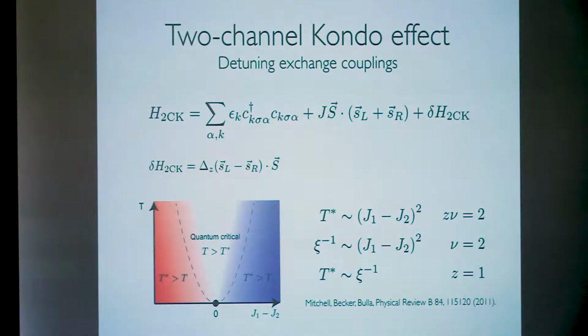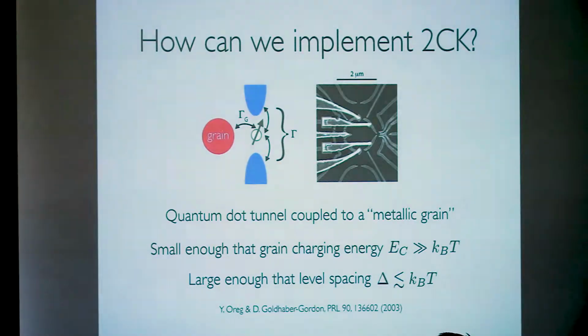Okay, so how are we actually going to implement this? The way to make the two-channel Kondo state when you have a spin impurity was described first in this theoretical paper. Essentially, consider a single quantum dot coupled to two leads such that you can make transport measurements. And then also side couple this quantum dot to what we'll term a metallic grain.